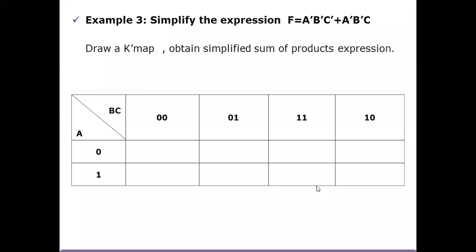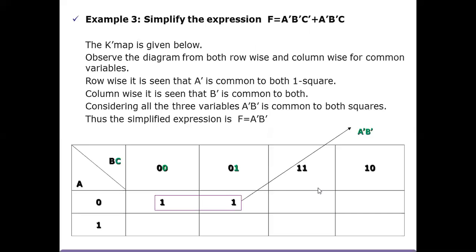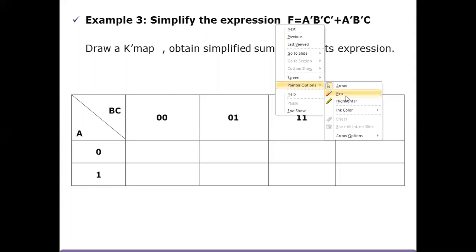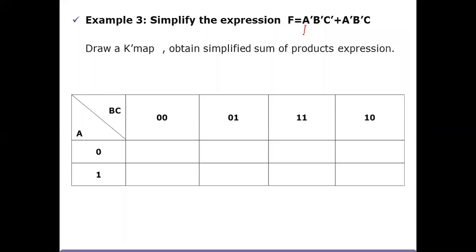Okay. So it will be something like this. So I think let's do it rather than showing this. So here we have 3 terms A dash, B dash and C dash. What are the corresponding values? A dash 0, B dash 0, C dash 0.